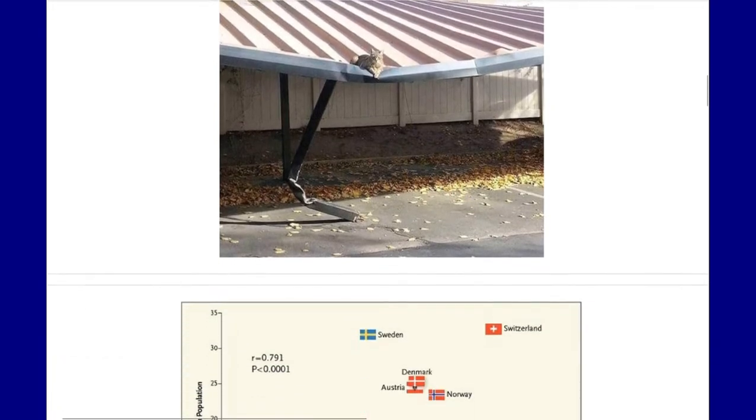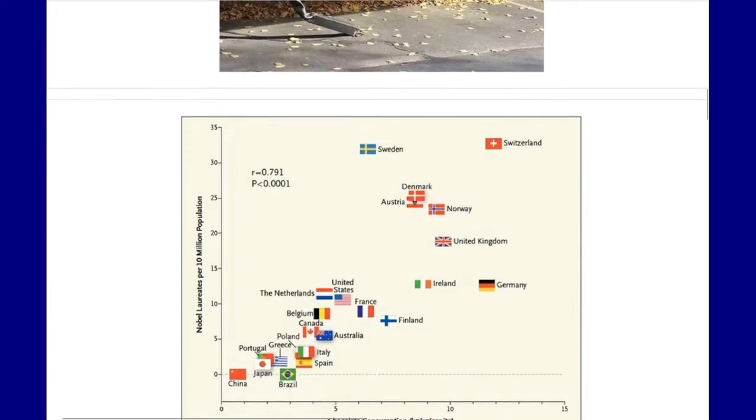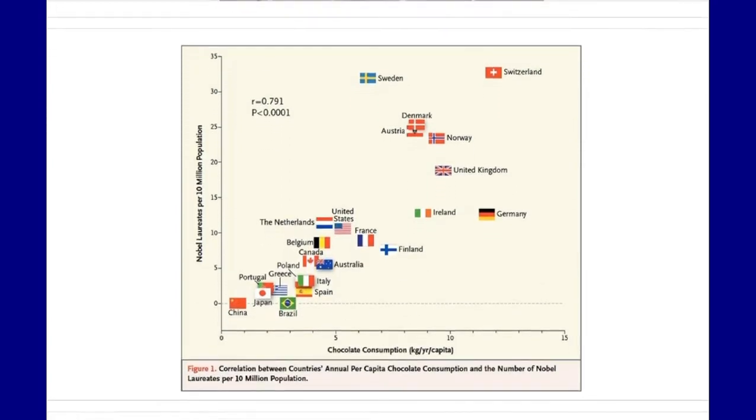In a more graphical sense, looking at the chocolate consumption in kilograms per year per capita, as well as the number of Nobel laureates per 10 million population, so basically the number of Nobel Award winners, we can see that there is a correlation. The more chocolate consumption in the country, the more Nobel laureates there are. It has a high R value, right?